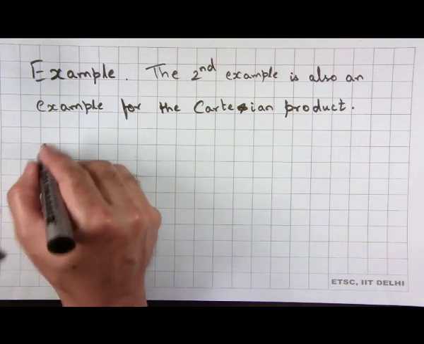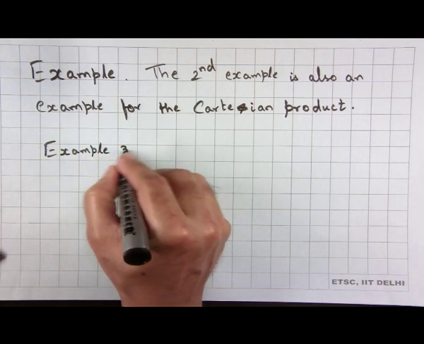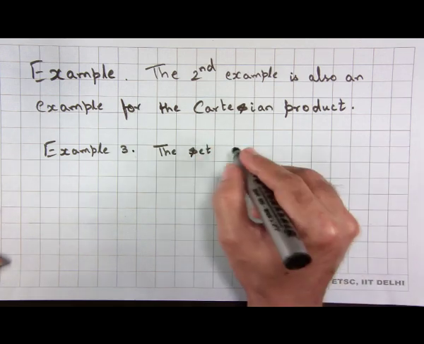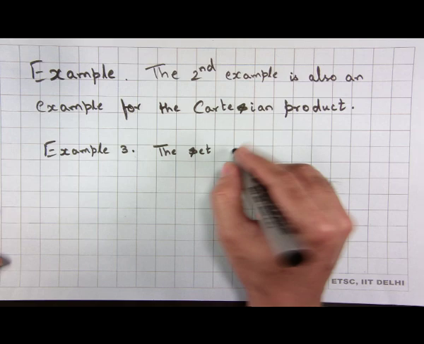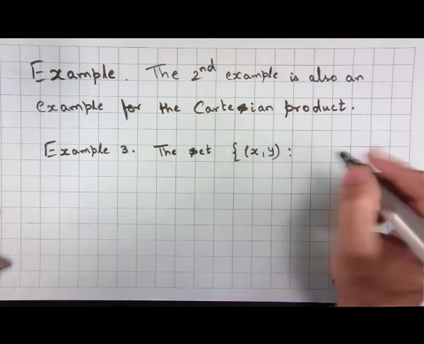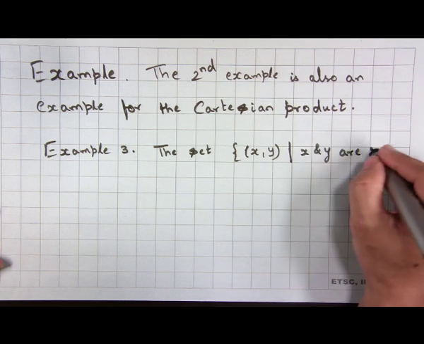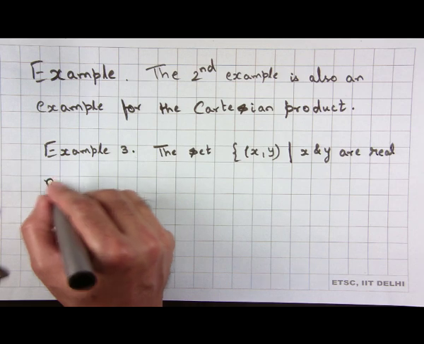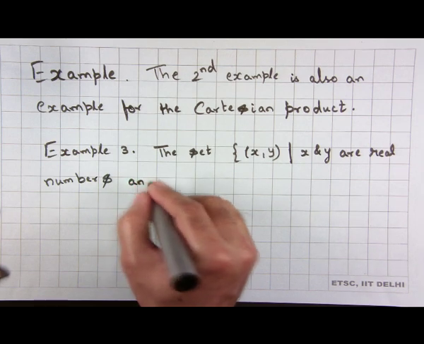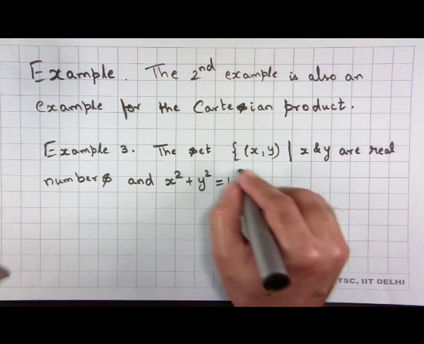Now, let us look at the third example, that is the set, well, let us write it this way, the ordered pairs x comma y such that x and y are real numbers and x squared plus y squared equal to 1.